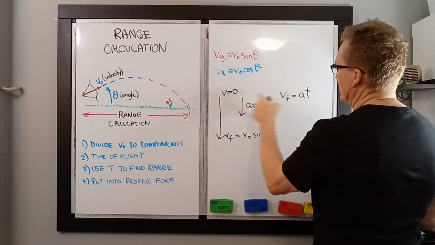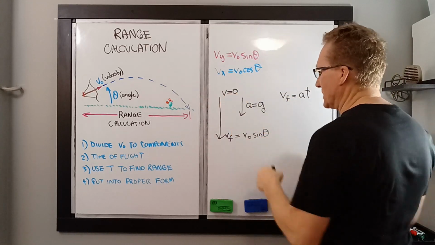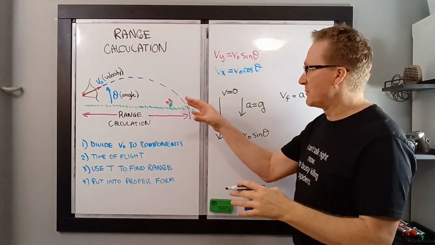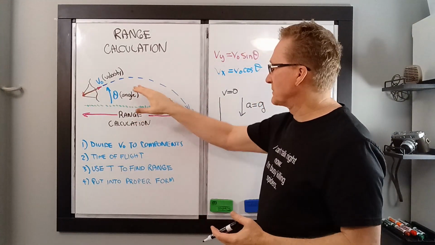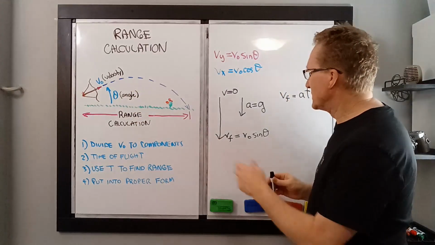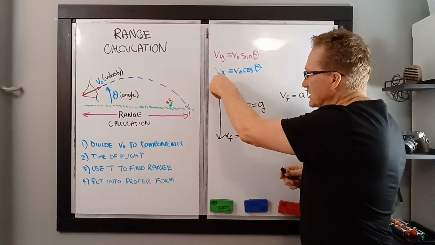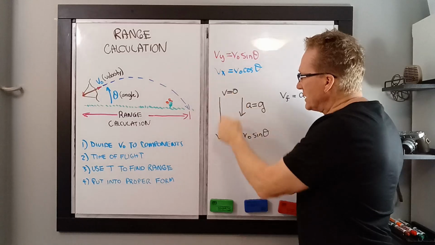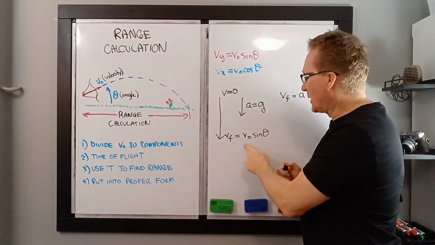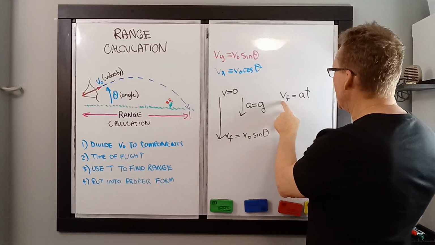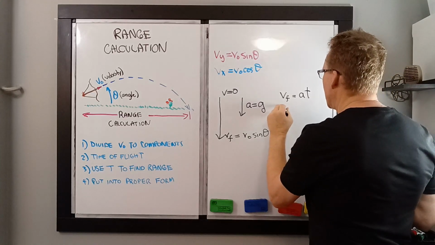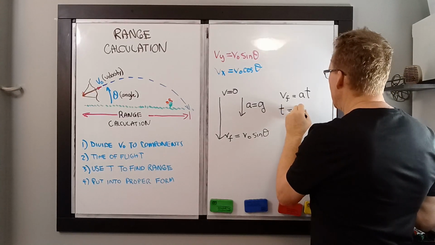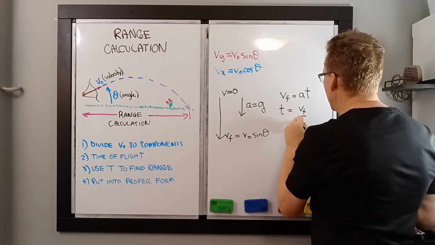There's no initial velocity if we're starting at the top and just dropping it. That's a trick that I find very useful in many of these parabola problems, in many of these range problems or other kinds of problems where you're trying to find the total height: just turn it around and assume that you're holding this baseball or arrow at the top, and drop it until it achieves this velocity. The final velocity is equal to the acceleration times time, so the time is equal to this final velocity divided by the acceleration.